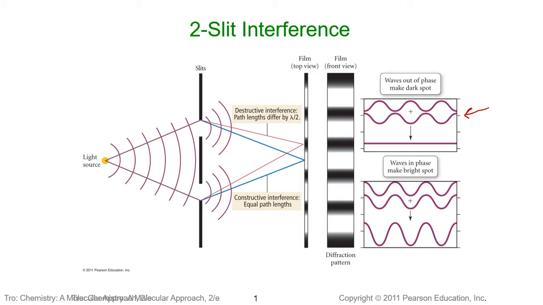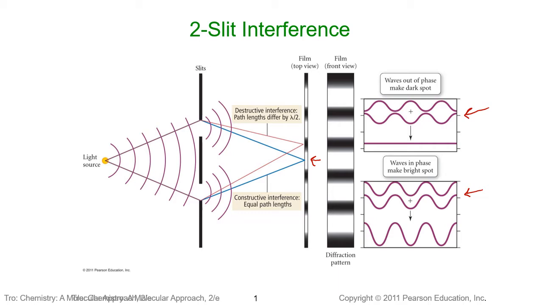If the light coming through those two slits, both of the crests and both of the troughs are lined up, we are going to get constructive interference, and that amplitude is going to increase. So we're going to get bright spots. Now, if it is acting as a wave, we would see a bright spot right between the two slits.